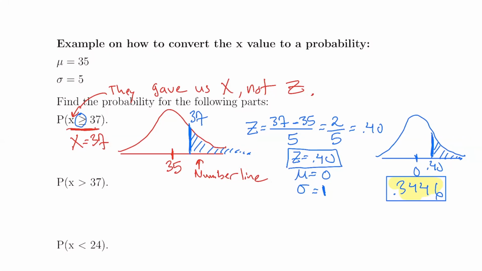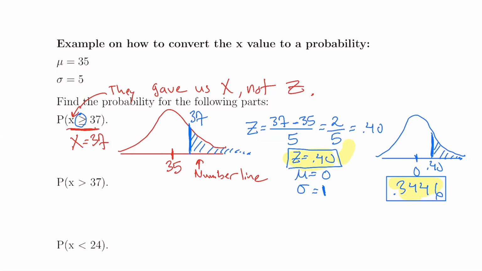So once I found this, I automatically know my mean is 0 and standard deviation is 1. If I didn't find the z-score, my mean is still 35, standard deviation is still 5. But as soon as you find the z-score, your mean and your standard deviation automatically become 0 and 1.